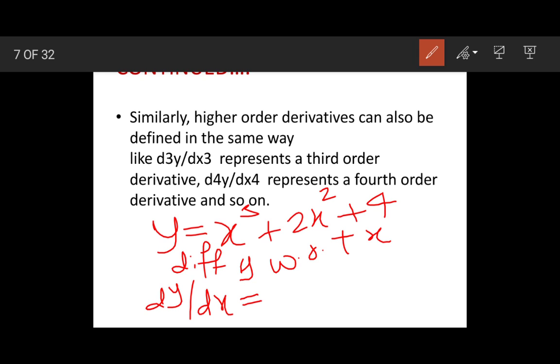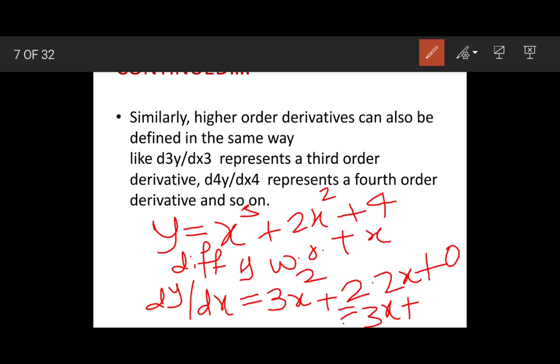That is equal to derivative of x cube, which is 3x square, plus 2 constant into derivative of x square, which is 2x, plus derivative of 4, which is 0. So that is equal to 3x square plus 4x. Okay, this is the derivative.